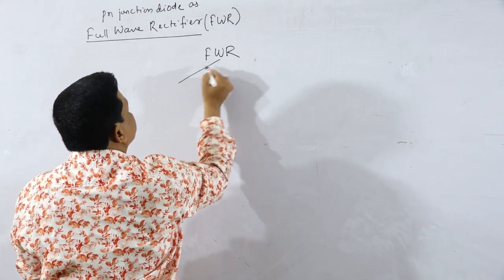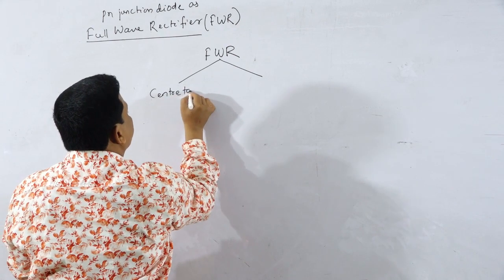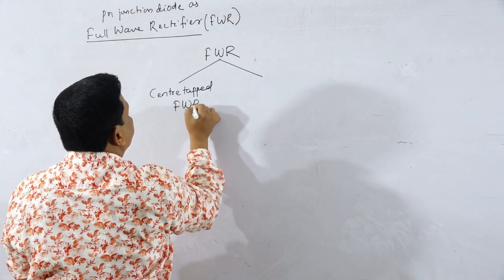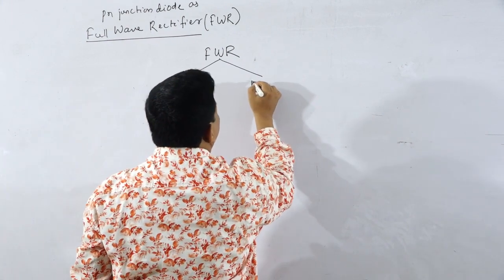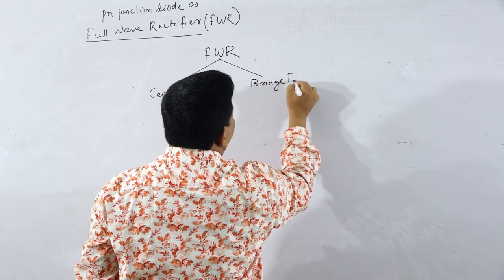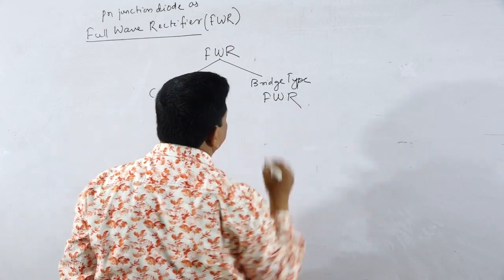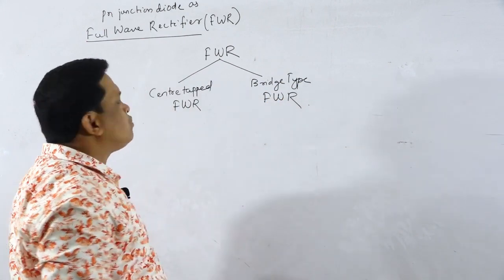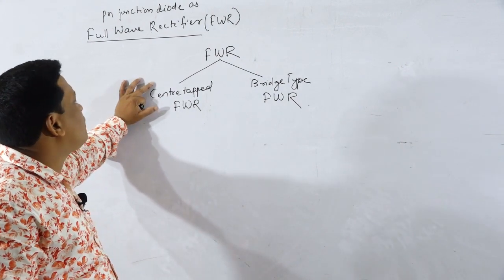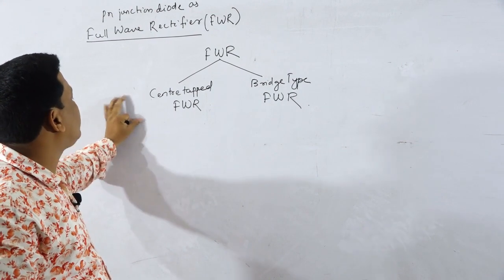It is of two types, that is center tapped full wave rectifier and bridge type full wave rectifier. Now as per your council syllabus, we shall discuss the center tapped full wave rectifier.